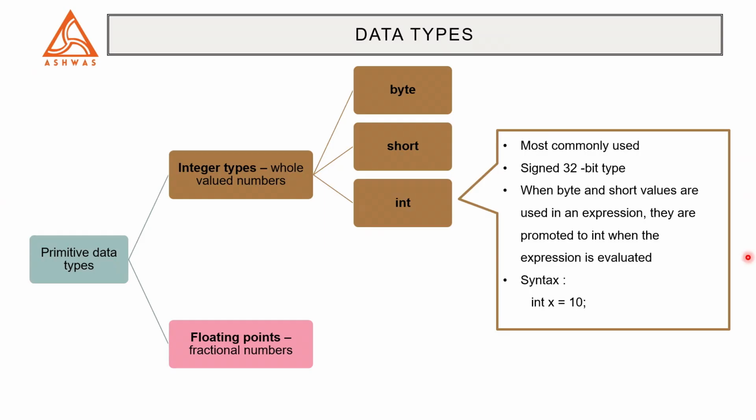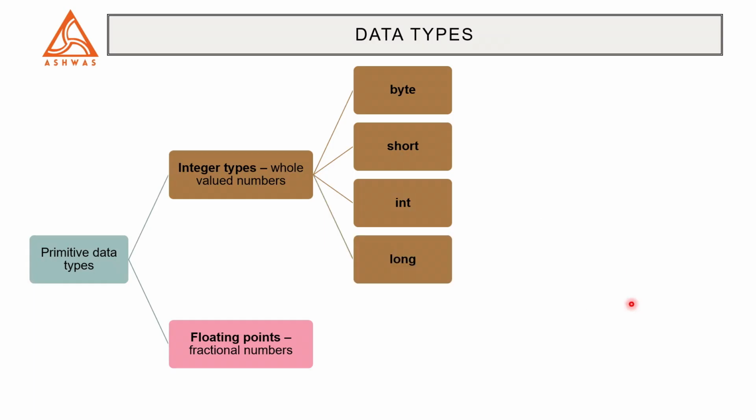But byte, short, int are similar data types. They all are integer data types, and there is an easy conversion between the data types that are similar to each other. This is the syntax of declaring an int variable. So you have the data type, you have the identifier followed by an equal to sign and the literal. So this is pretty much how we declare variables.